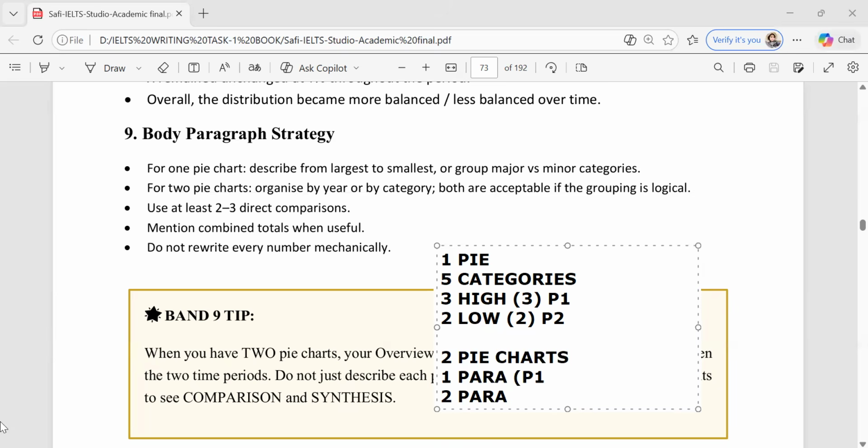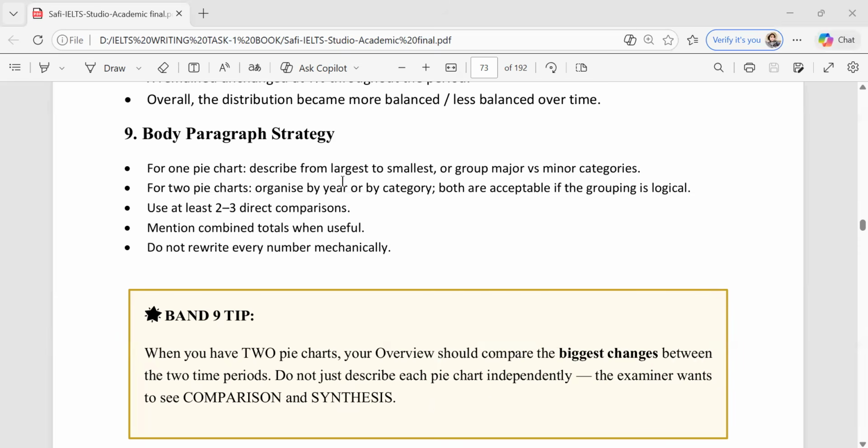This is how you can distribute your paragraphs. And I have mentioned for one pie chart, describe from largest to smallest. So if you have two or three largest values, put those largest values in one paragraph, and then the smallest values you can put in another paragraph. So group major versus group minor categories. It's quite clear to you.